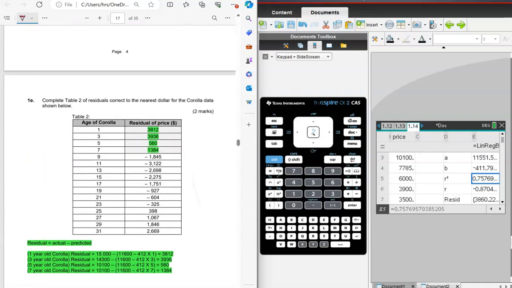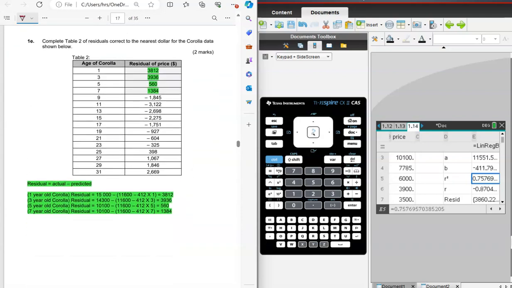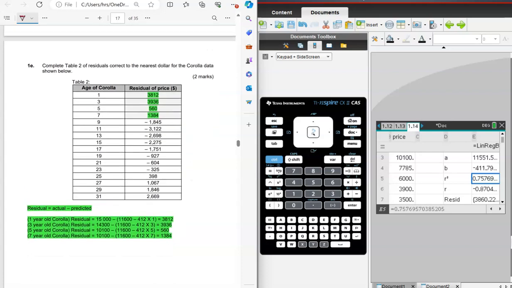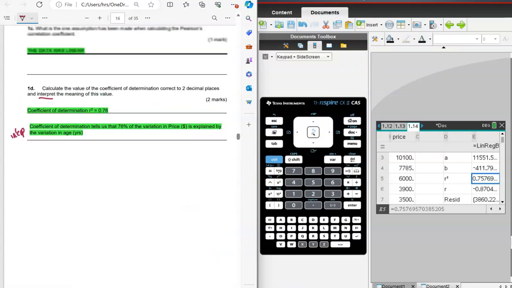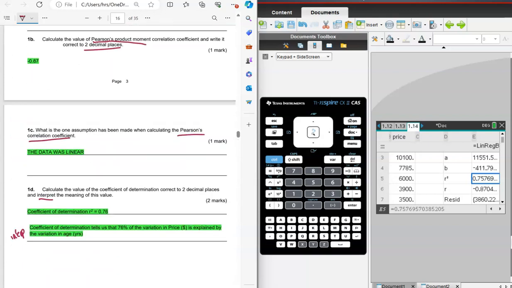All right, so then coming down after that, it says complete the table of residuals. So remember that a residual equals the actual value minus the predicted. So first, say this first one, the actual value, you have to go back up to your original data, and the actual value was 1500.